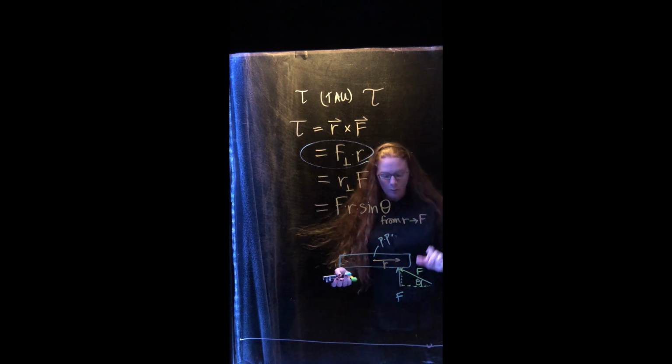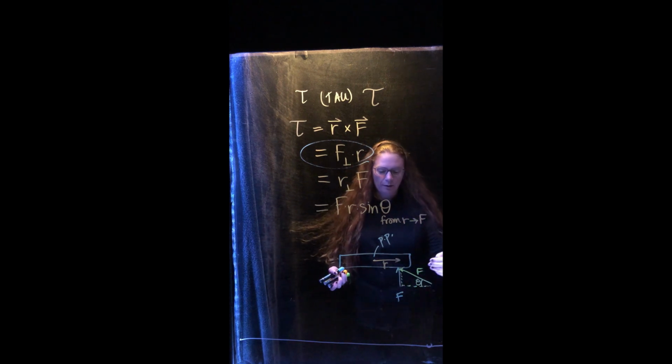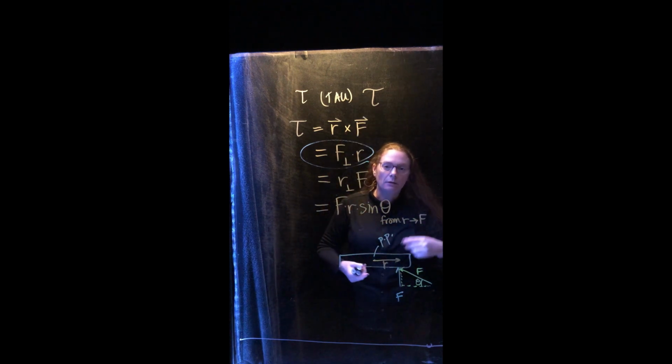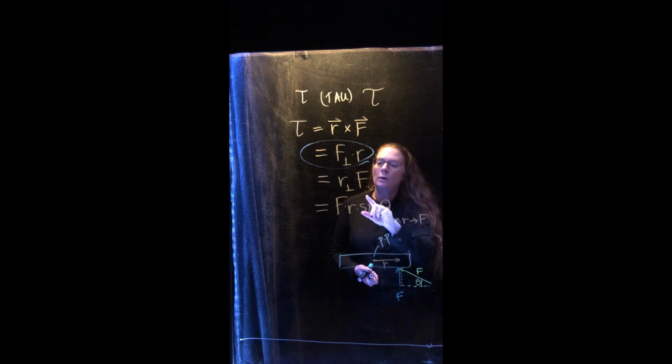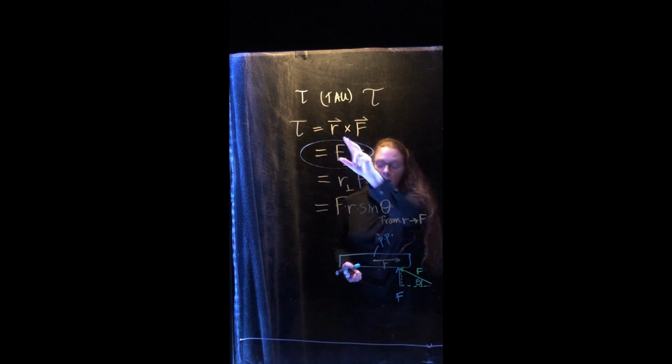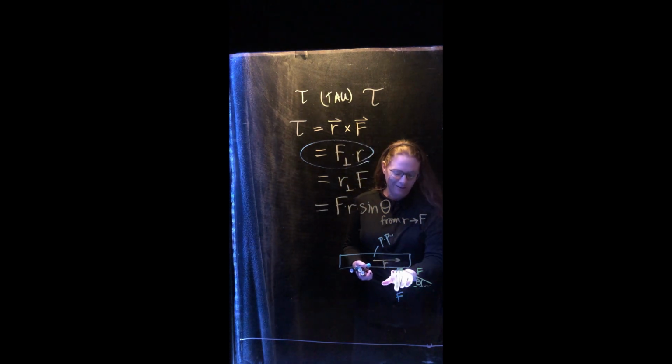The cosine component doesn't cause a torque because it's in the same direction as that radius, that lever arm, so only this part causes torque. That's why you're going to see a lot of sines. And the cross product tells you that it's this component as well.